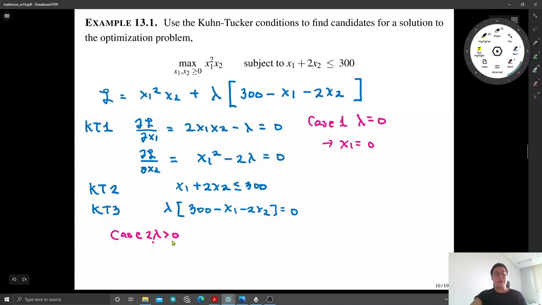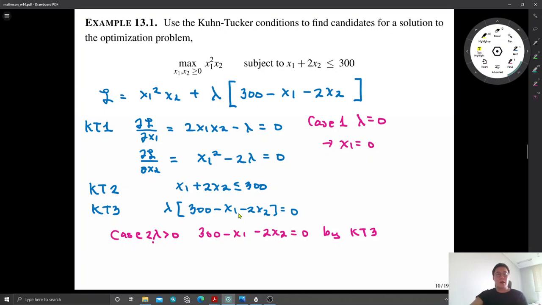So if lambda is strictly positive, then by the third condition of Kuhn-Tucker, by complementary slackness, our constraint must be binding. So we must have a boundary solution. So 300 minus x1 minus 2x2 should be equal to 0 by KT3.